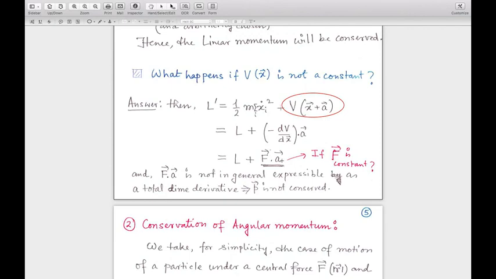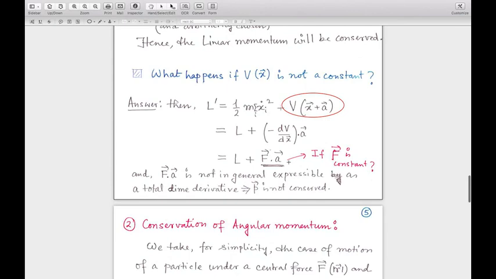Now let's say if f is constant, then d/dt of epsilon f itself is a constant. So epsilon f will simply be this constant times t, so it will be a time dependent function. Try to think about what happens.